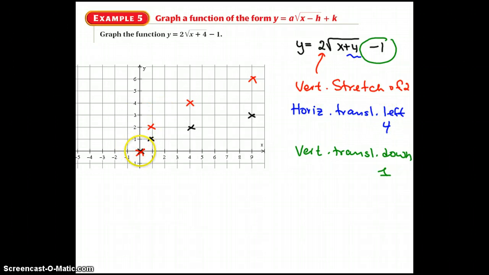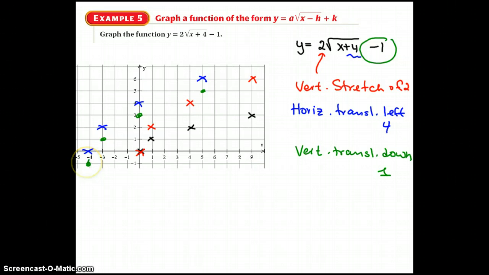So I'm going to take now my red ones, because that's the stretch. Move it left 4. 1, 2, 3, 4. Take this one, move it left 4, which takes me here. Take this one, move it left 4, which takes me here. And then my green one is going to be my actual final graph after I move everything down 1. So I take my last set of points and move it down 1.